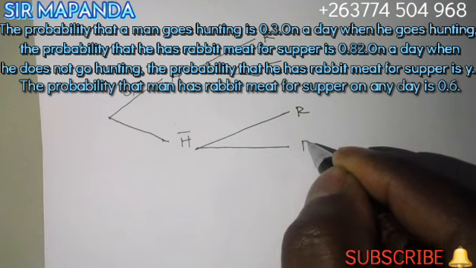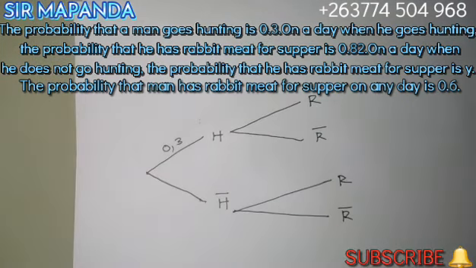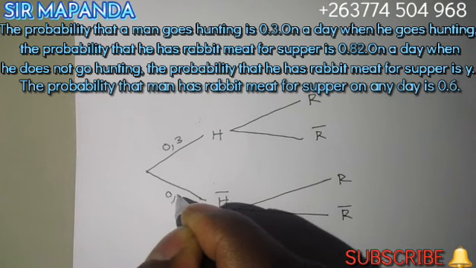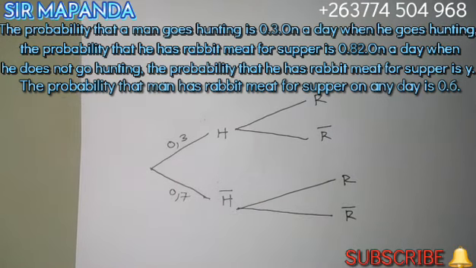Rabbit and miss rabbit. Right. So the branches, they add up to 1. So if we have 0.3 here, it simply means that we have 0.7, the probability of not going for hunting.